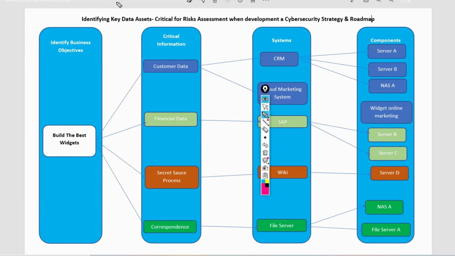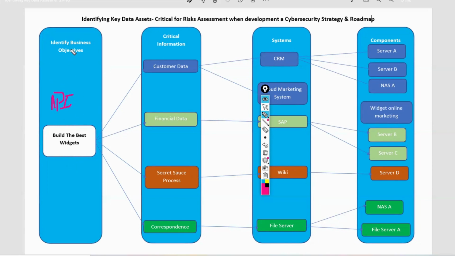So a very easy way of doing this is to look at this example. Let's say the objectives of the business or this organization are, for example, to develop APIs for this organization, or it could be to build the best widgets in this case.